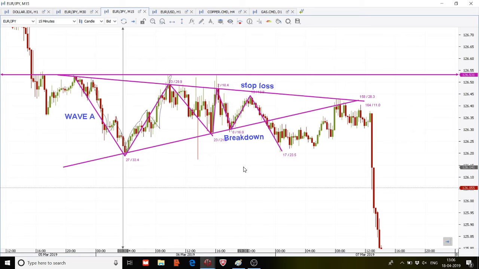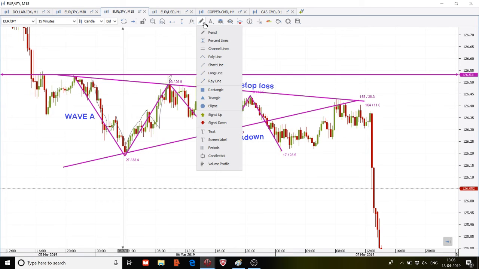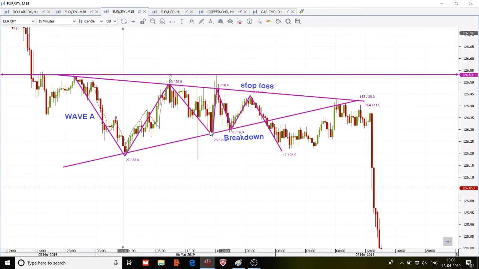If you are looking at other currency pairs or other instruments, then you will need to know the range of that instrument, which you can get by using the ATR. So sell, you can open a sell position here.